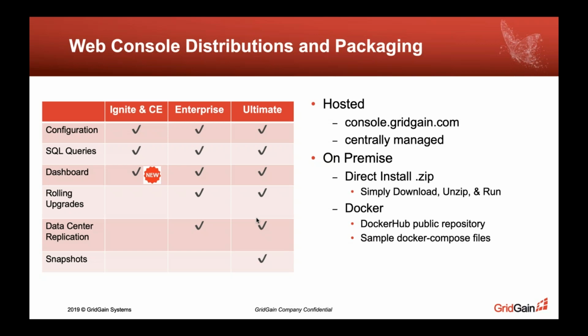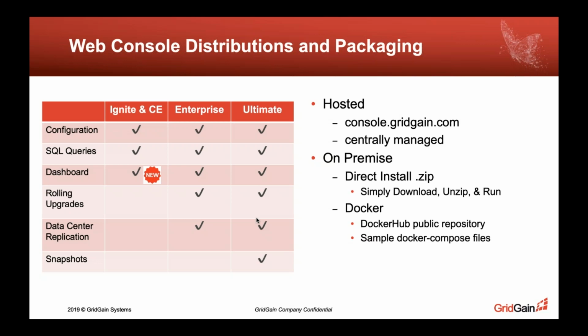And then if you were an enterprise GridGain user, you could get Web Console on-premise, but you had to have a license. And then we also provided a hosted version of Web Console, console.gridgain.com, which would give you access to all the UI, but we would only enable features based on the license.